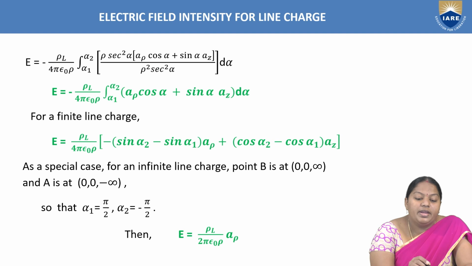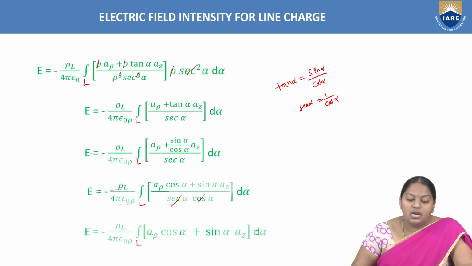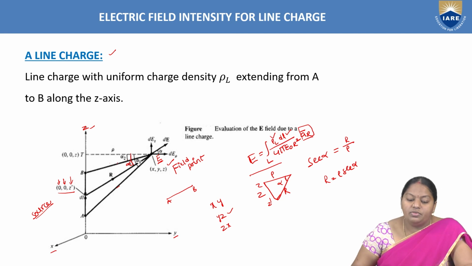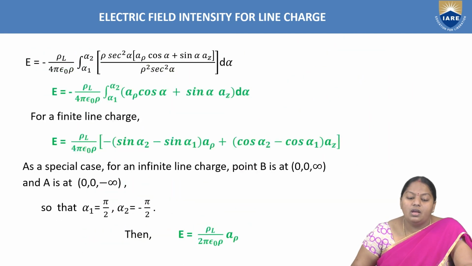Now we find that the length L, from the figure, is the line located from A to B, the finite length of the conductor. Hence the angles measured are alpha 1 from A and alpha 2 from B. Hence the length ranges from alpha 1 to alpha 2.